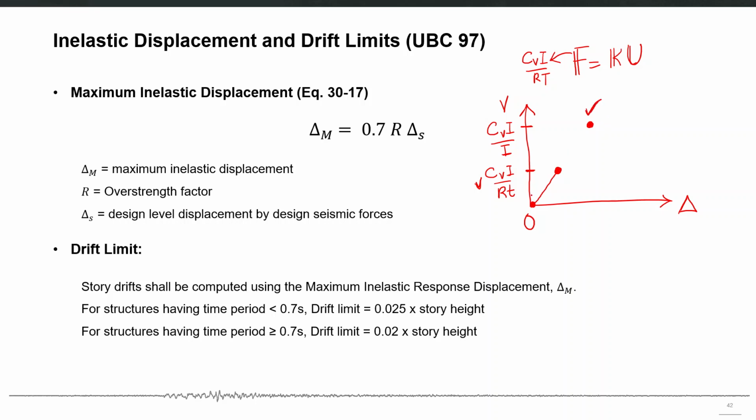When the design level earthquake will come, you have provided the capacity far lower than the elastic value based on the R factor. So your structure will yield at this point. So you will have yielding at this point, and let's say this is the final point where your design earthquake takes your structure after it ends.